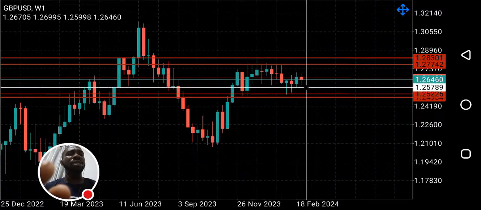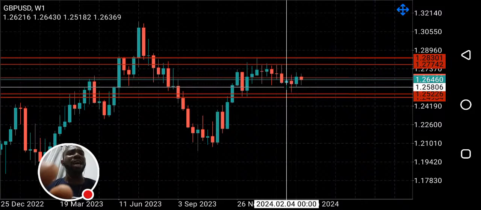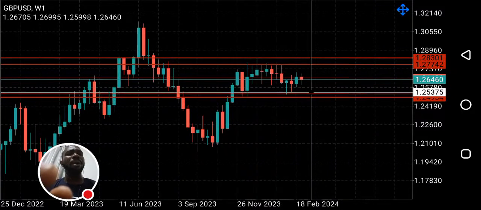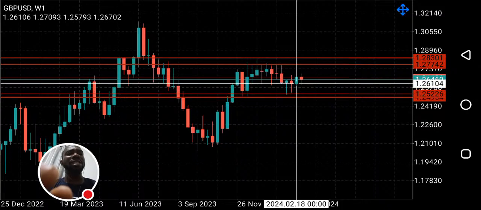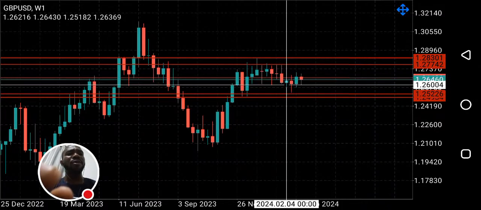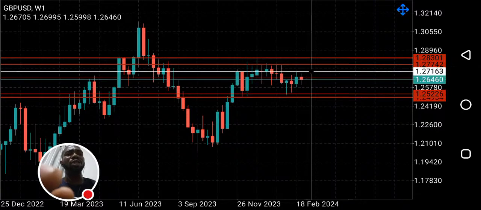That tells me that demand is higher than supply, and when demand is higher than supply, there is a high probability that price will go up. So the fact that this candlestick has closed above the high of this candle tells me GBP is bullish.